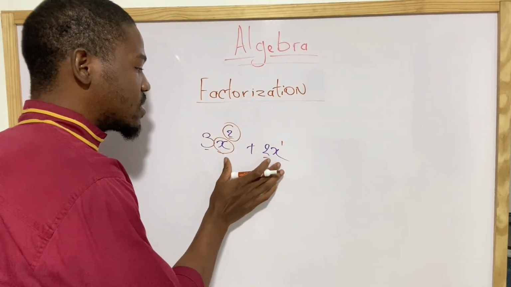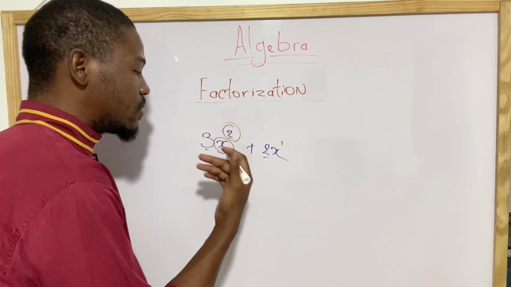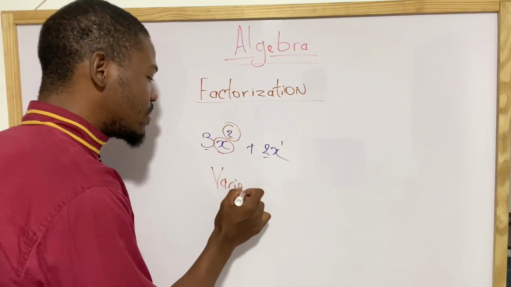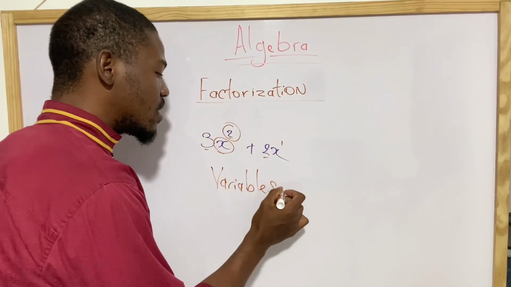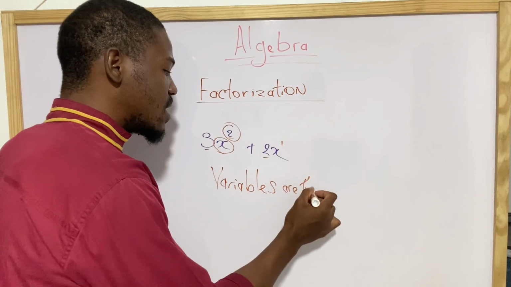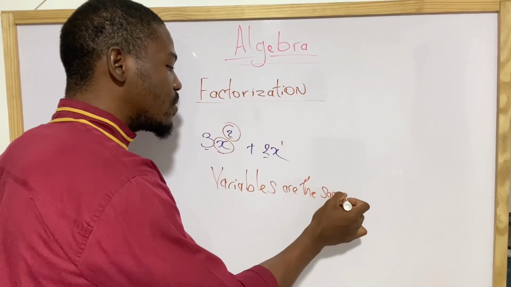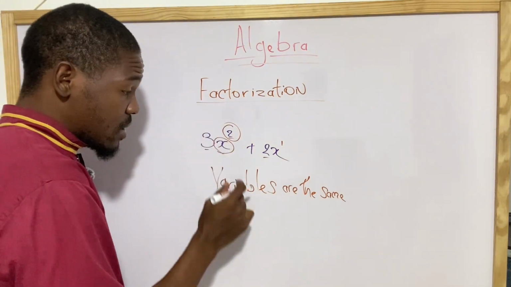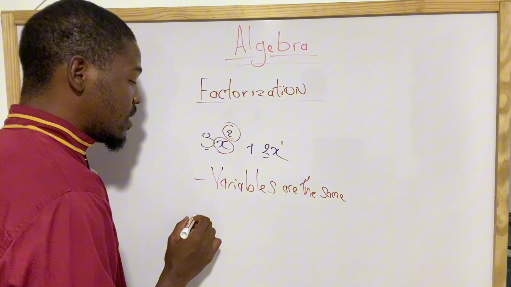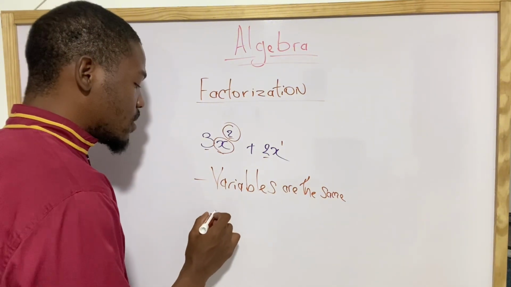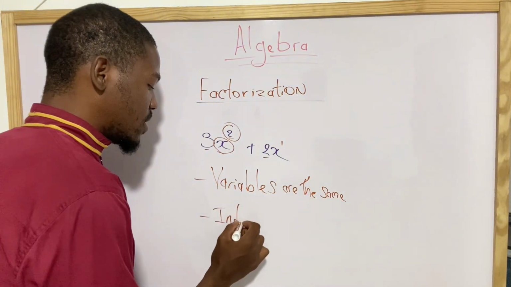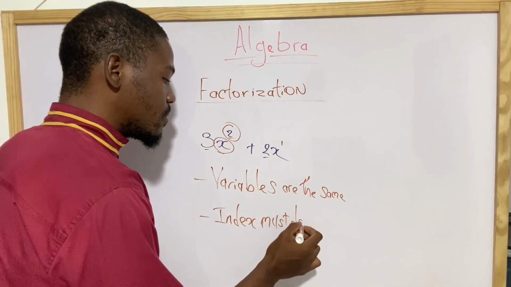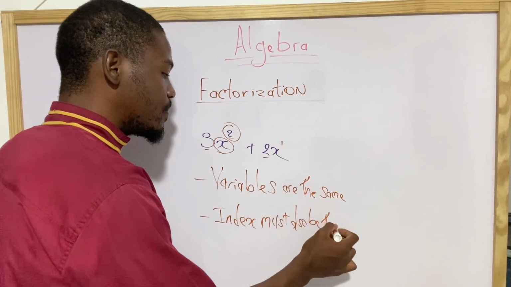We see x on both sides, and we have an index of 2. So that's one thing that you look for if you can go ahead and add your algebraic expression, right? So variables must be the same. And the next thing is that the powers, the index, must also be the same.